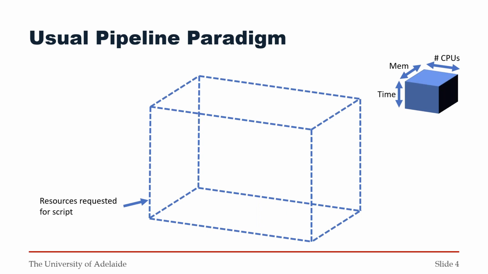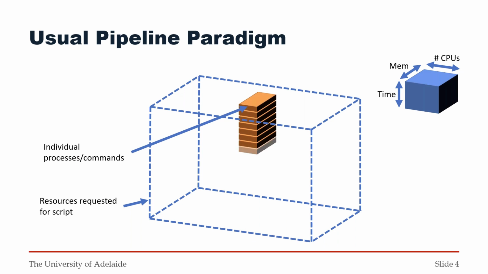So the way that I usually think about this is that this box here represents some resource requirements for your script that you've submitted. And within that, you have a bunch of different tasks, different processes, commands that you execute as part of that script. In this case, we have 10 or so different processes that are all executed in serial, but are all very similar, for instance looping over files.